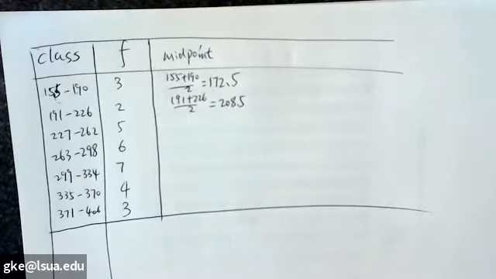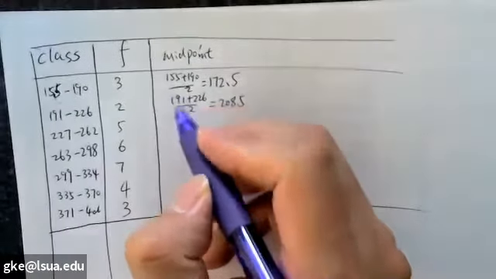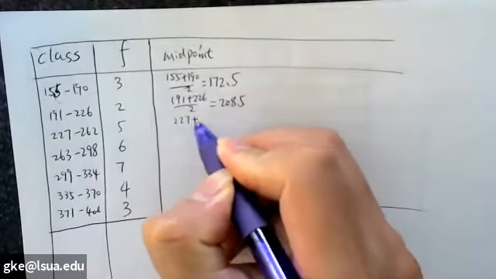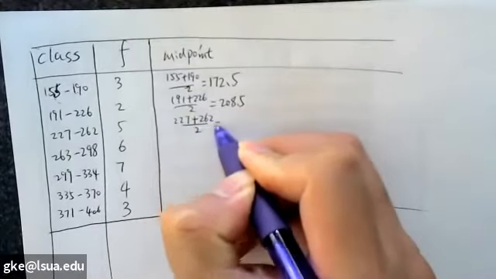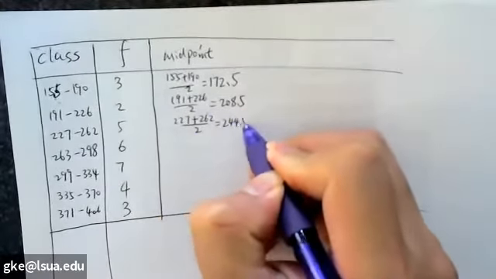Pretty good. I think so. It's not too tough. Just use your calculator to calculate the average. Now I'm going to write down all the answers. Okay. So 227 plus 262 divided by 2 is going to be 244.5.